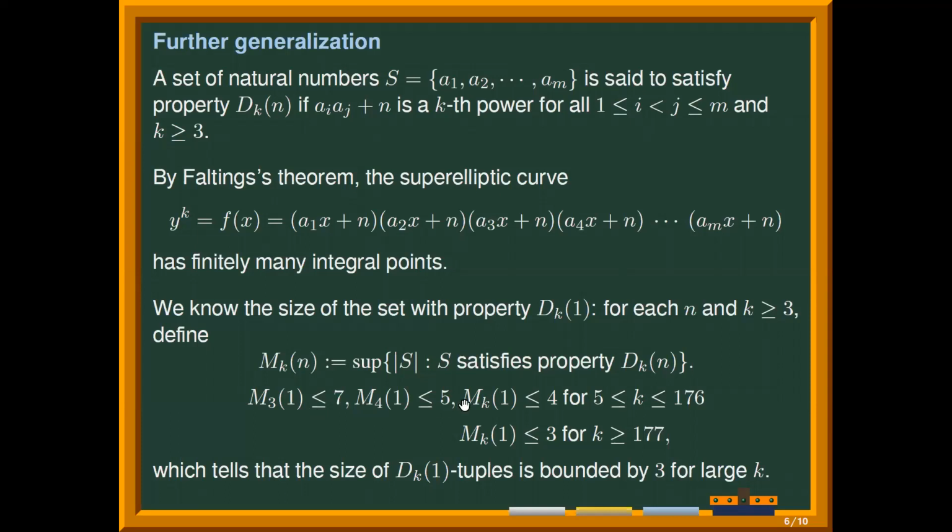And when k is 4, it should be bounded by 5. And when k is somewhere between 5 and 176, the size of the set should be bounded by 4.